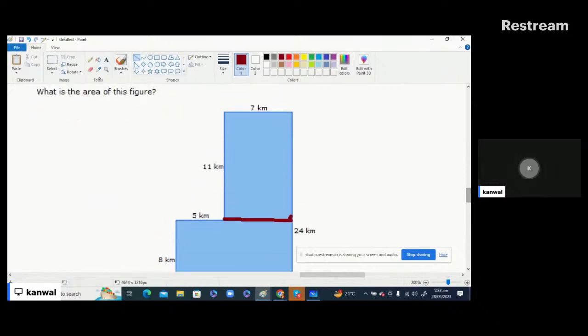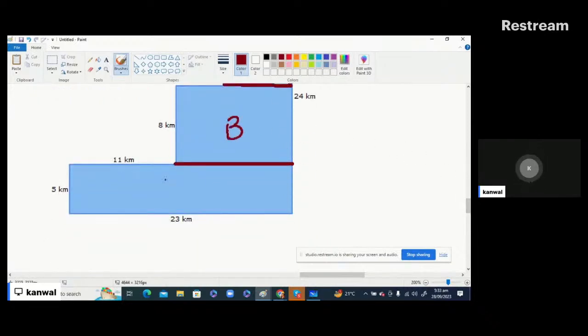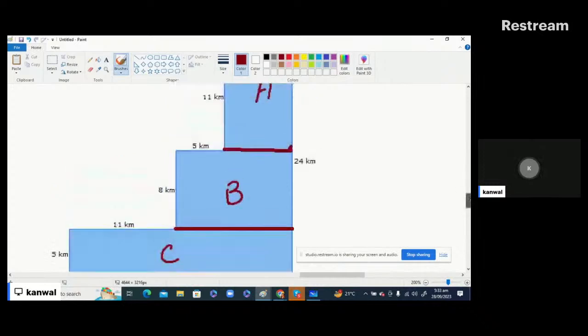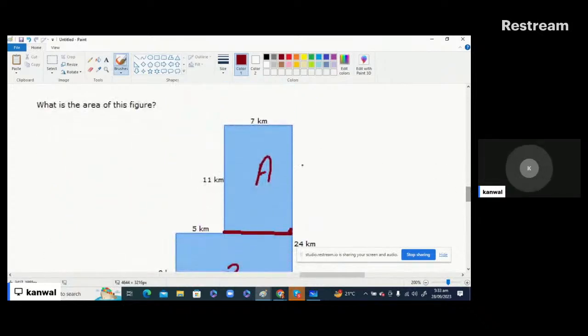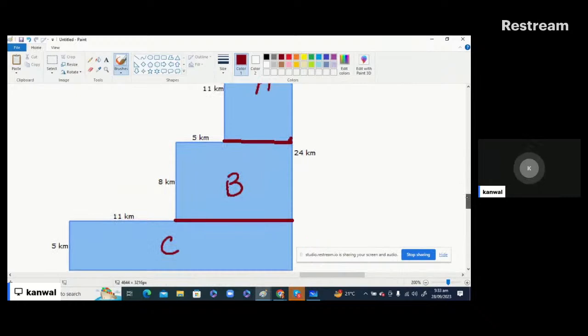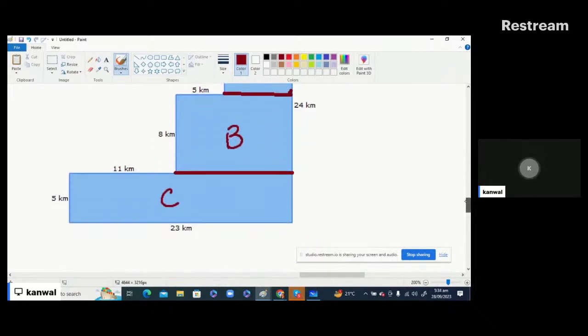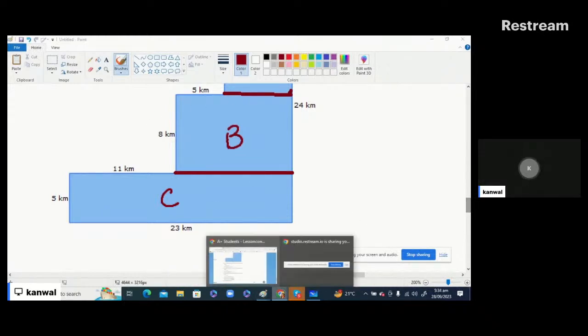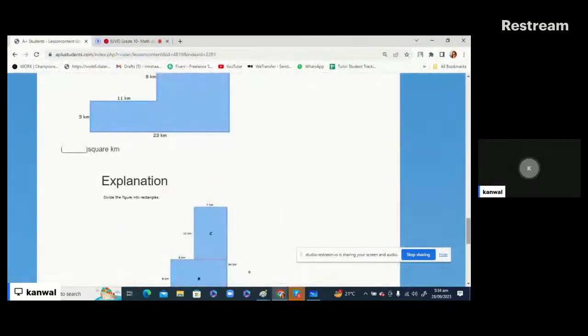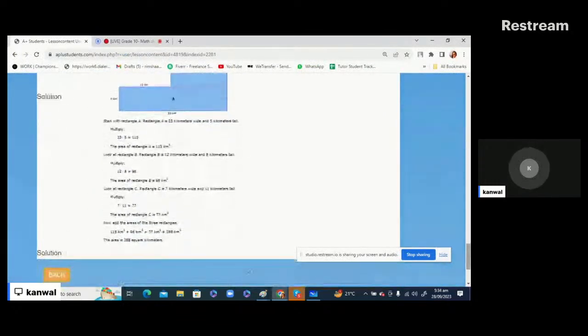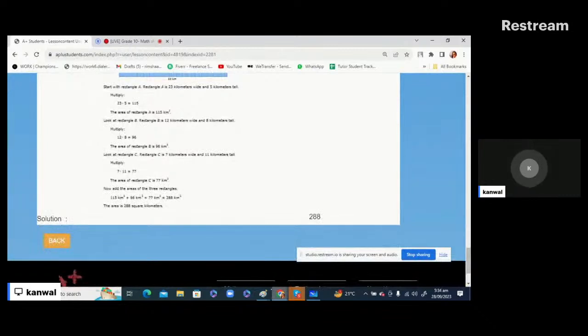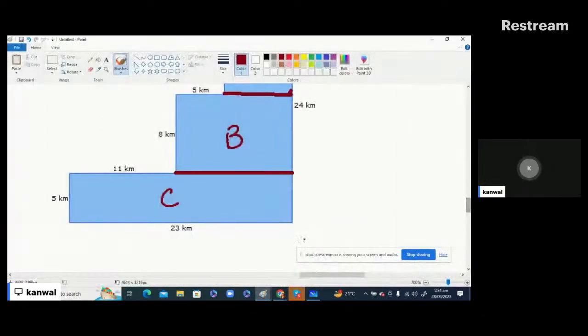Now this is first A, just named, that is B, and this is C. First of all, find the area of these are rectangle. Look at here, first is rectangle, second one is also rectangle, third one is also rectangle. Second one is rectangle or square? Second one is also rectangle. Yeah, all these are rectangles. So we just need to convert all these into these small parts. And now let's find the areas one by one.